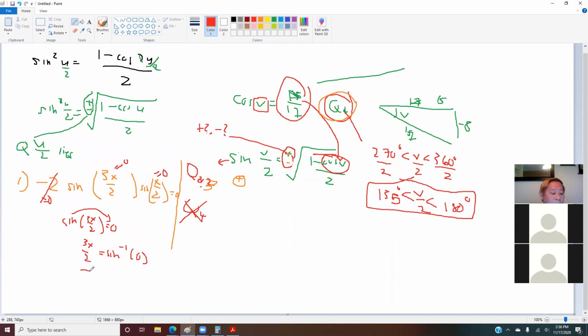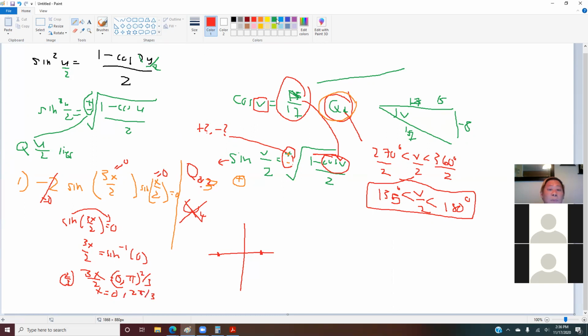Anyone know what arcsine of 0 is? Arcsine of 0 is 0 and pi. So what you do here is solve for x. This will give me 0, because you multiply by 2/3, so you get 0 and you get 2 pi over 3.